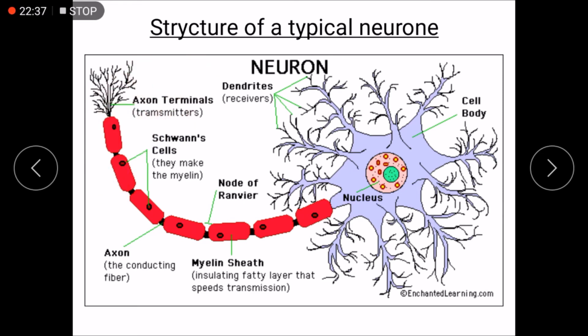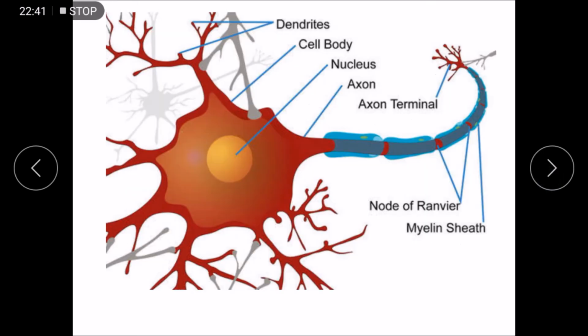Okay, this is another one I want you to see here. You see the grey part and the red part, so they will join. One nerve will join with another nerve. Normally if this grey one is an interneuron, this is the efferent neuron.